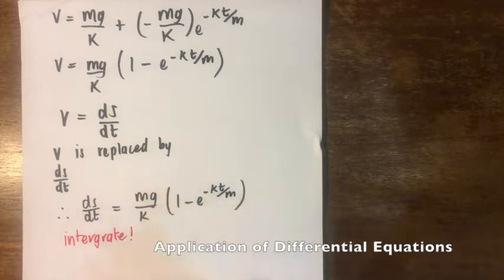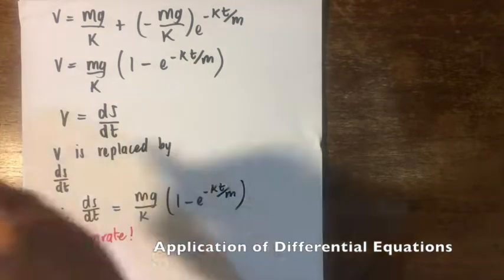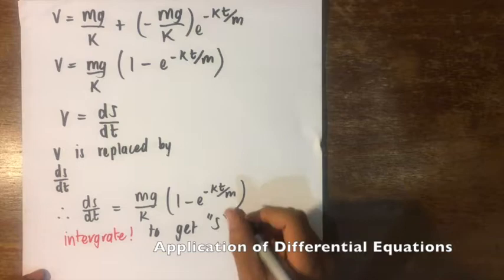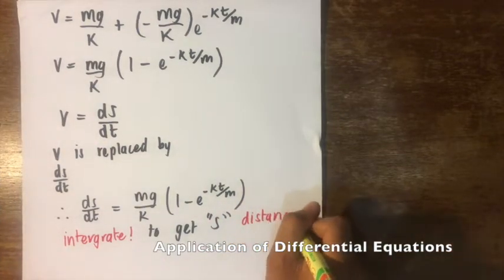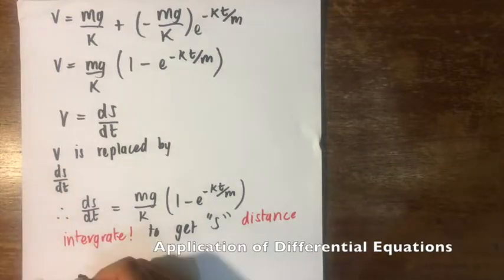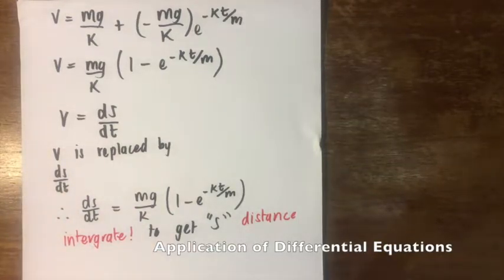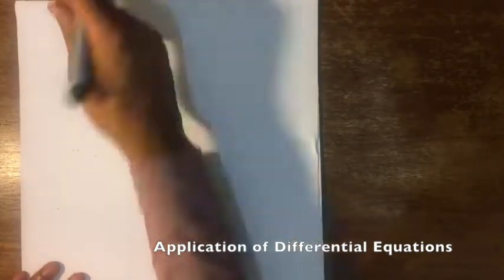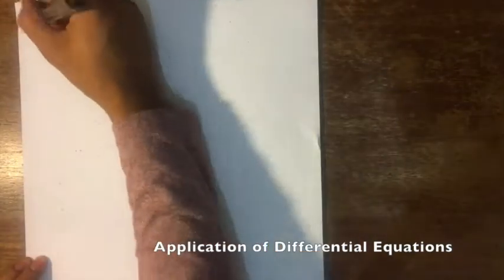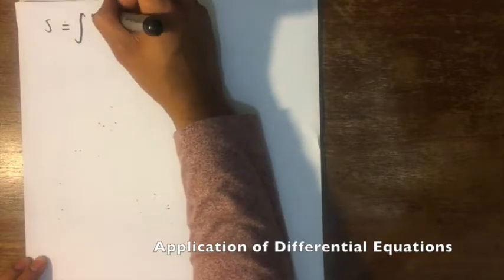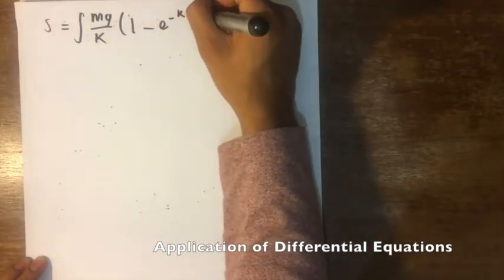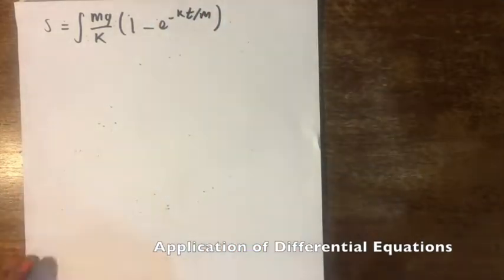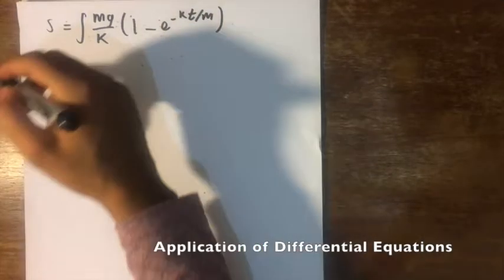We then integrate. This is to find our distance. So let us now integrate with respect to t.